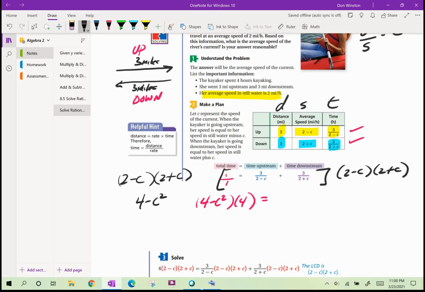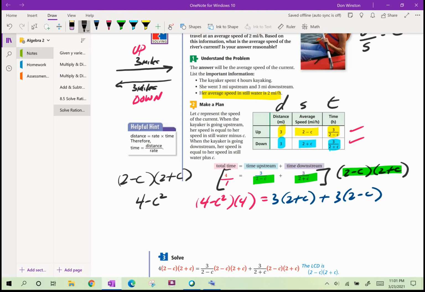And then I'll take 2 minus C times 2 plus C and divide that by 2 minus C, and that will leave me with 3 times 2 plus C. Plus 3, and when I take 2 minus C times 2 plus C and divide that by 2 plus C, that will leave me with 2 minus C, so I'll have 3 times 2 minus C. So there you go, I eliminated the denominator.